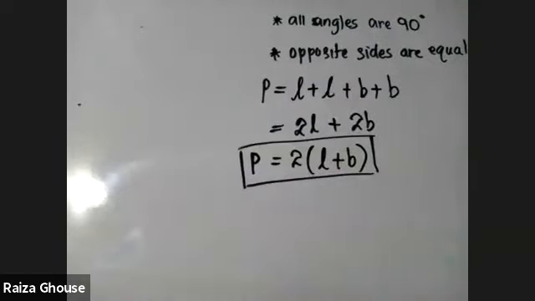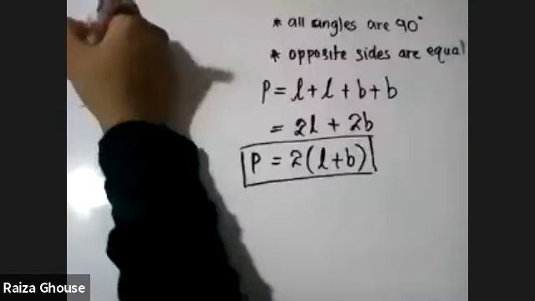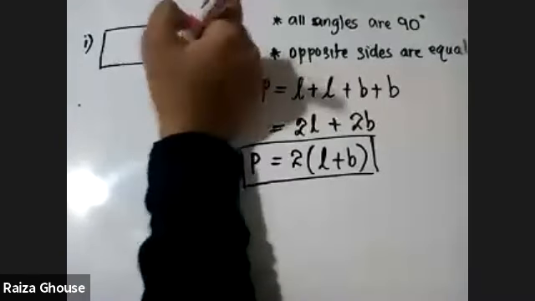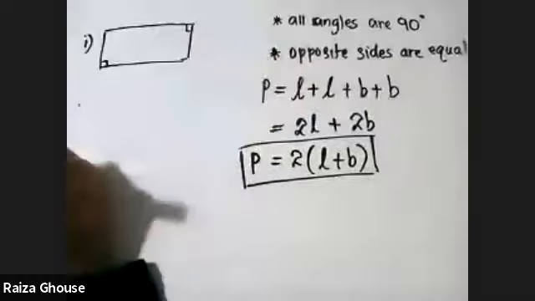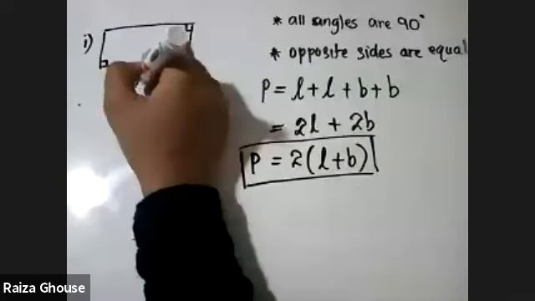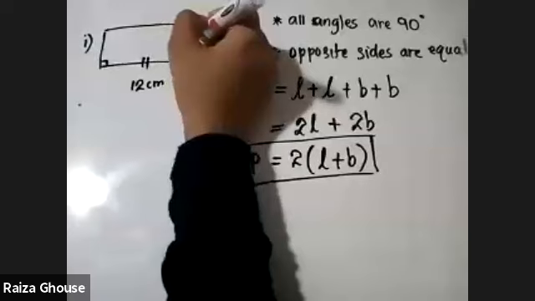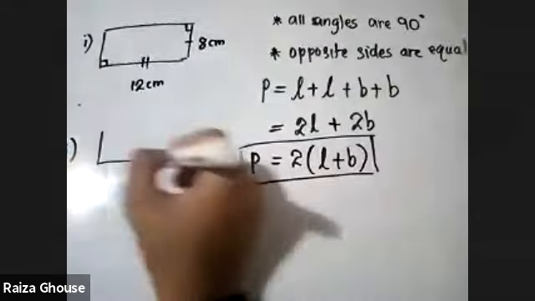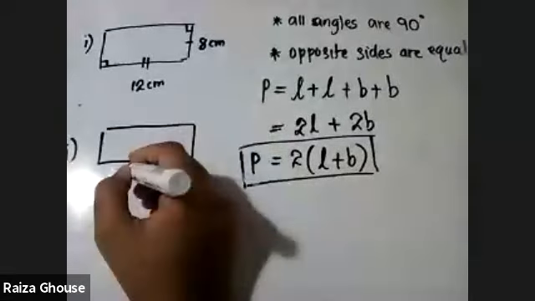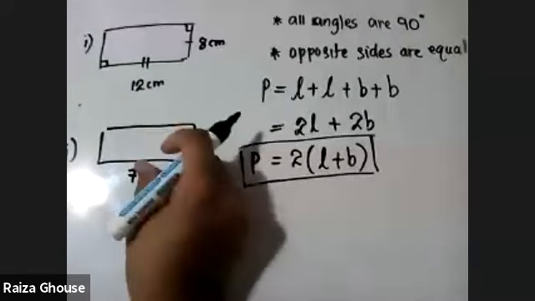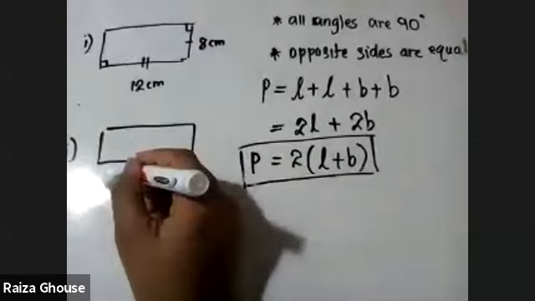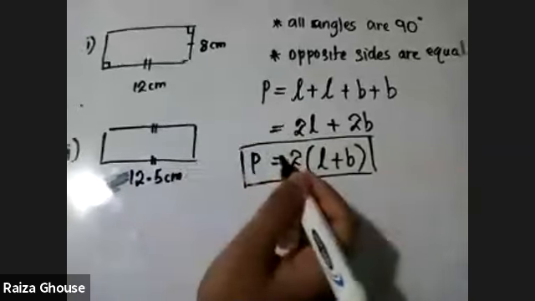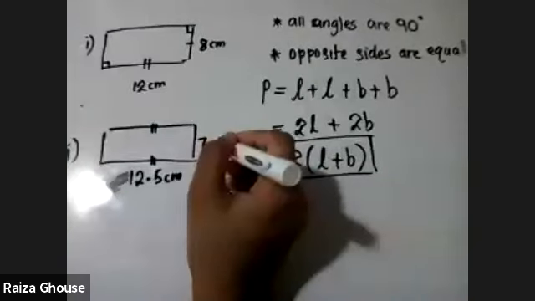Okay, I'll draw the first rectangle here, Roman number 1. In the first rectangle, I'm giving you length 12 centimeter, breadth 8 centimeter. In the second rectangle, I'll give you length, let's say 12.5 centimeter, and breadth I'll give you like 7.5 centimeter.